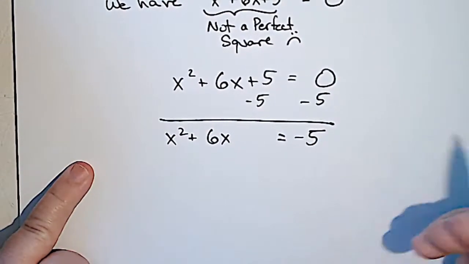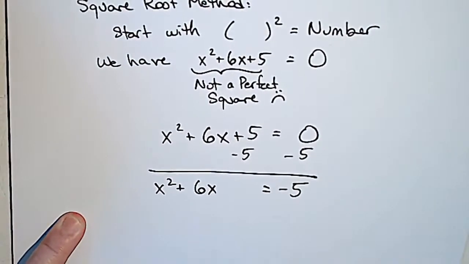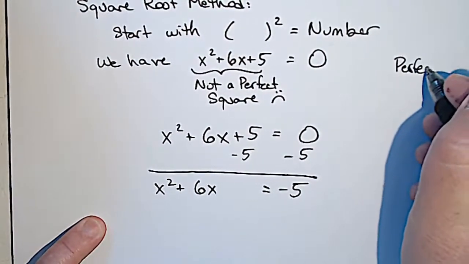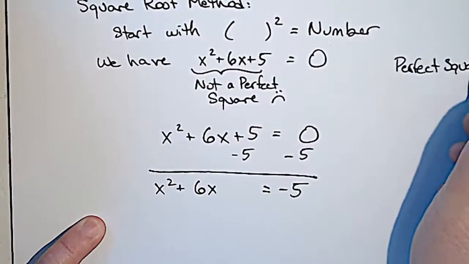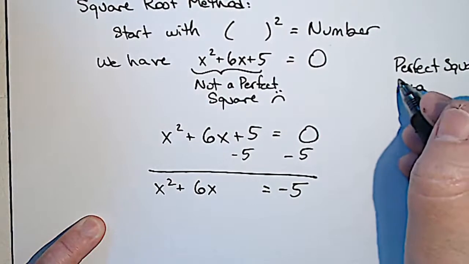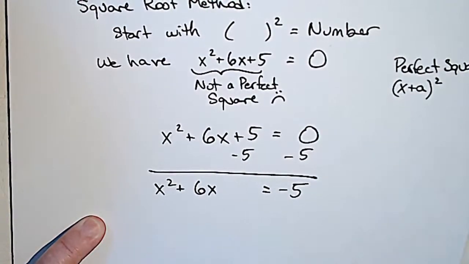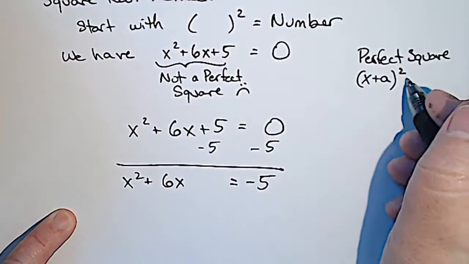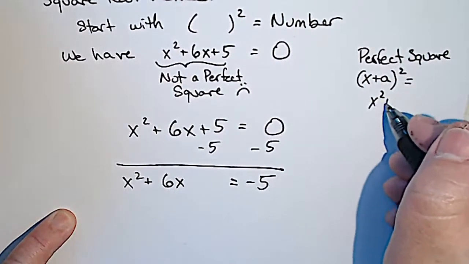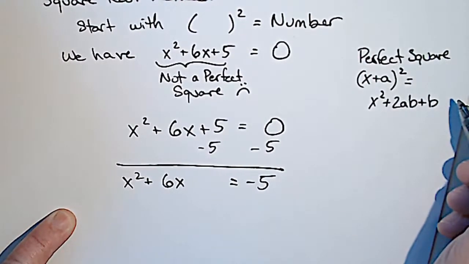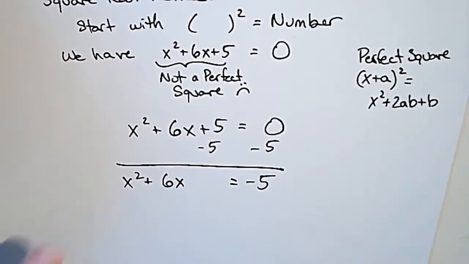So a perfect square, actually, let me not squish it back that far. Let me remind you, a perfect square, when it has x plus a, the quantity squared, oops, sorry, I'm going to throw my pen. It equals x squared plus 2ab plus... What? Oh my goodness.